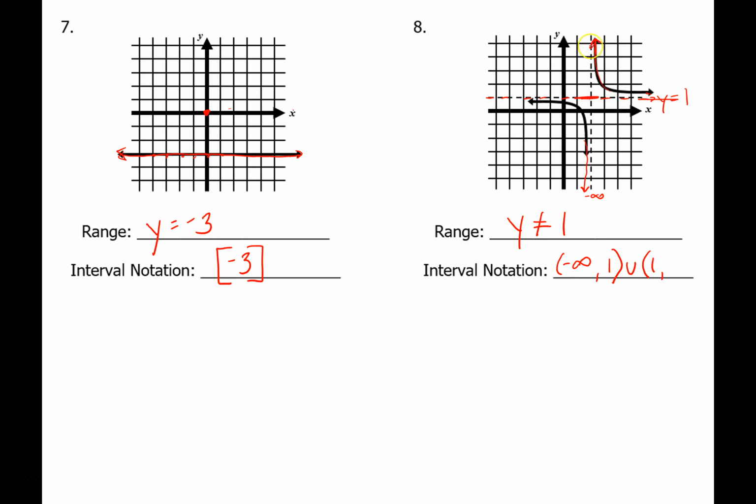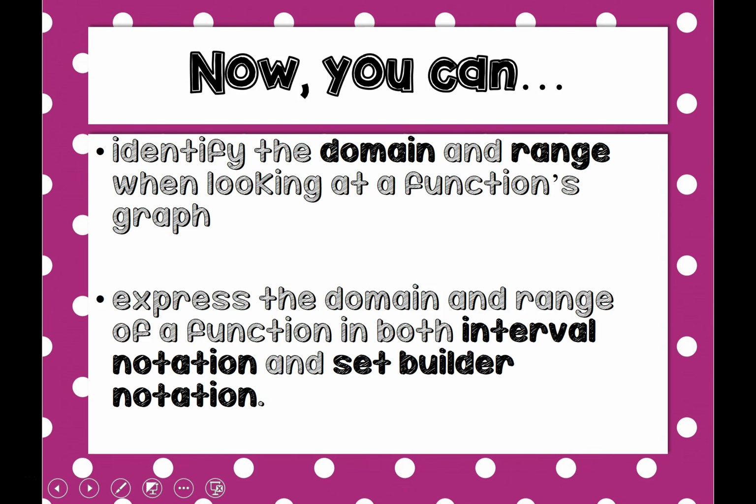And it goes up forever to positive infinity. All right, so with that information, you should now be okay with domain and range, figuring out the interval and also the inequality or set builder notation, which we're going to build on some as we move forward.